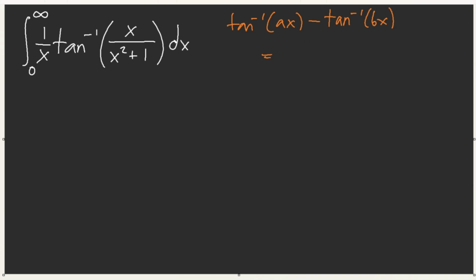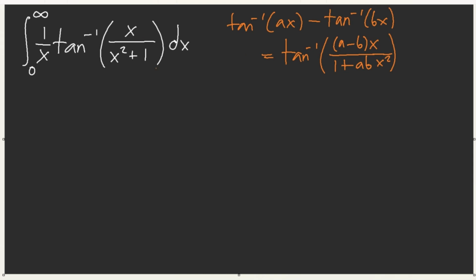We want this integral, and we want (a minus b)x over 1 plus abx squared. Aha. So we want this to turn into this. Pretty much we're solving for a and b where this is equal to this.